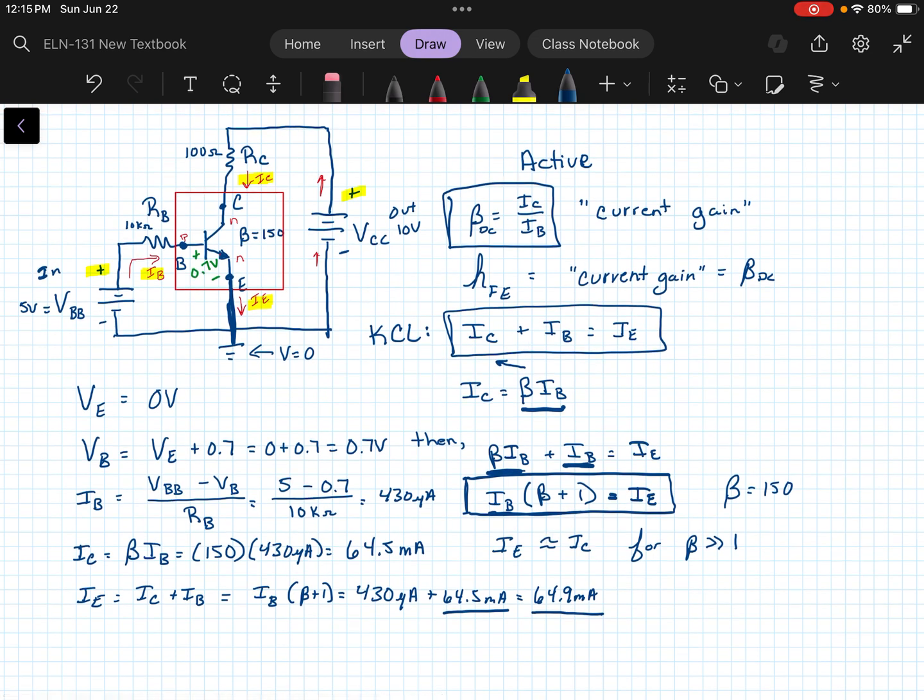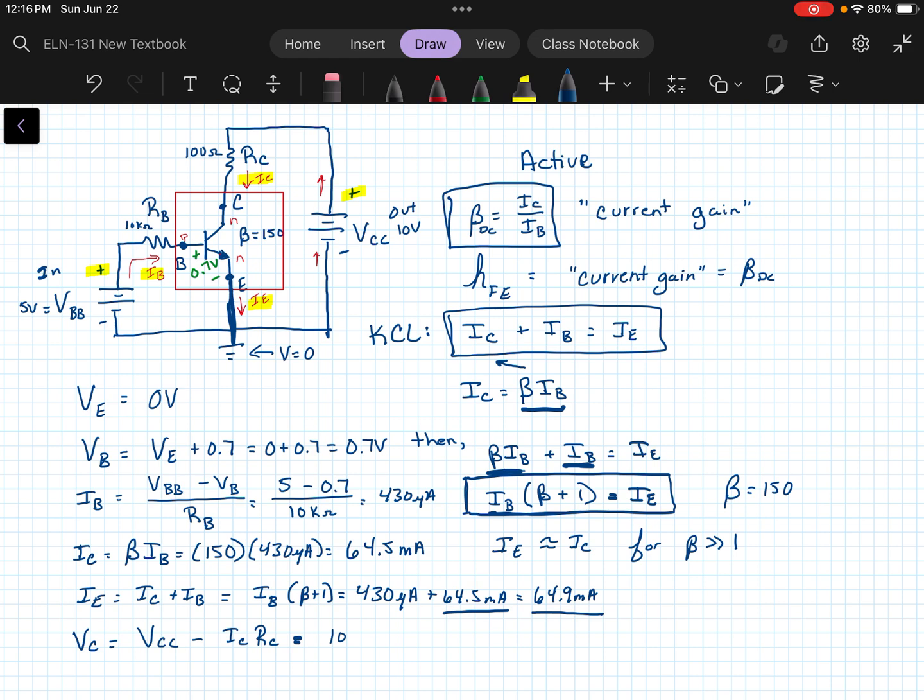Now the only thing we don't know is VC and VCE. The voltage at C is going to be the voltage that we're applying at VCC minus whatever the voltage drop is across RC. I know the voltage on one side, but I don't know the voltage on the other. But I do know IC now, and IC times RC will give me that voltage drop from Ohm's law.